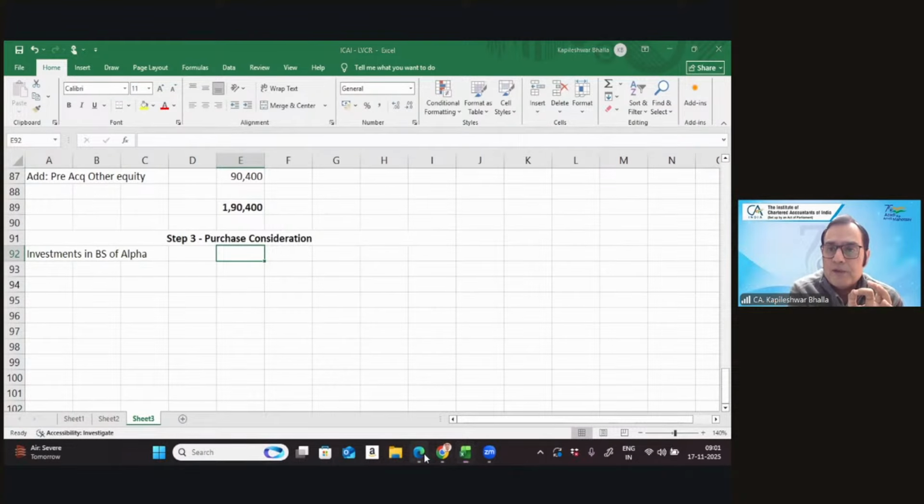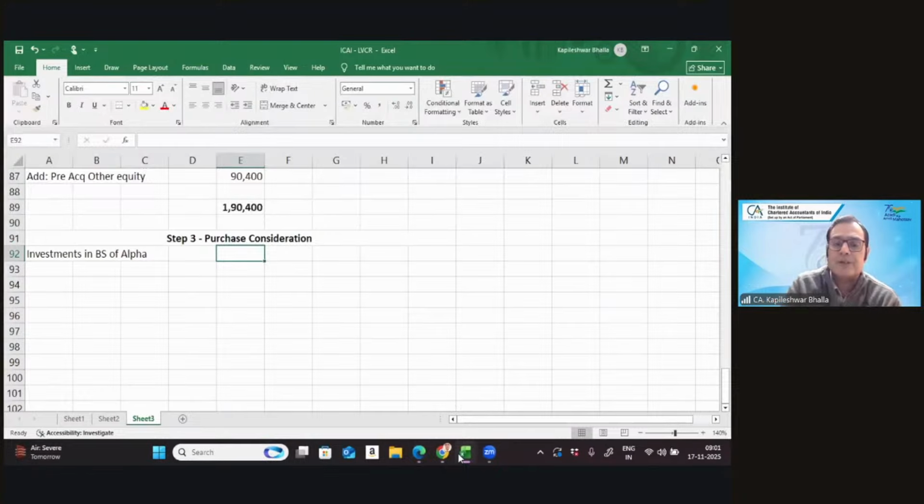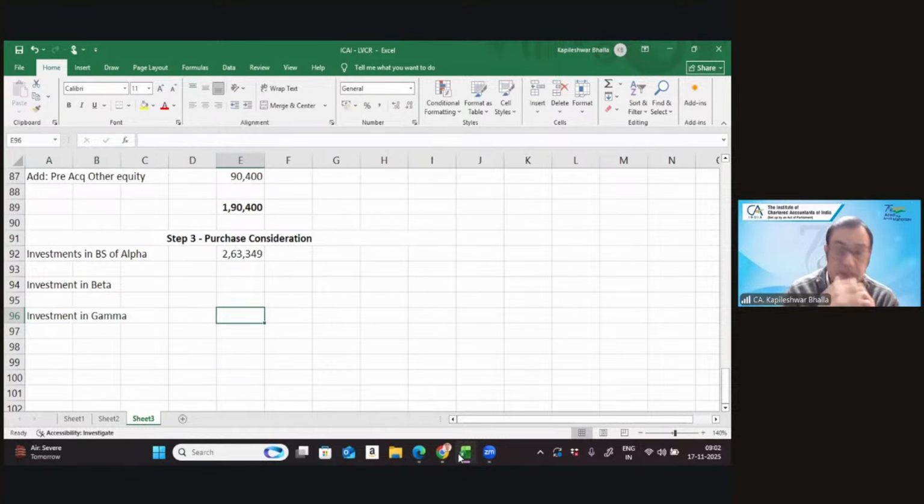The figure was 263,349. Now this investment will include the investment in the subsidiary, that is Beta. This will also include the investment in the associate, that is Gamma. And then we can see if there are any outside investments or not.